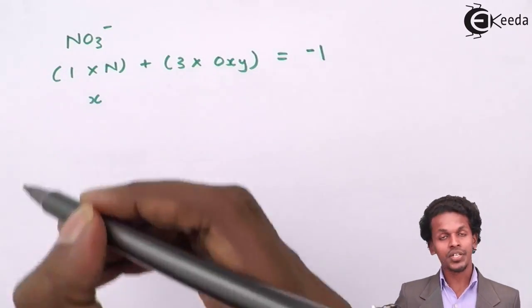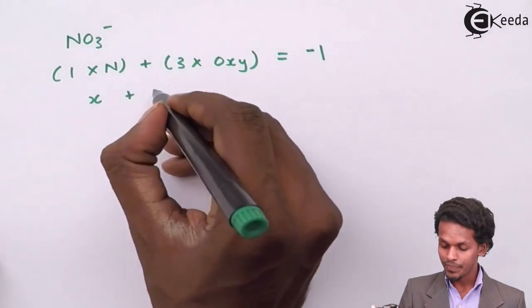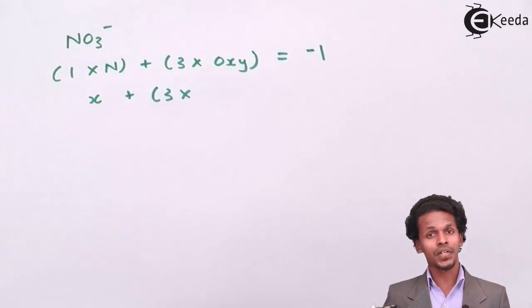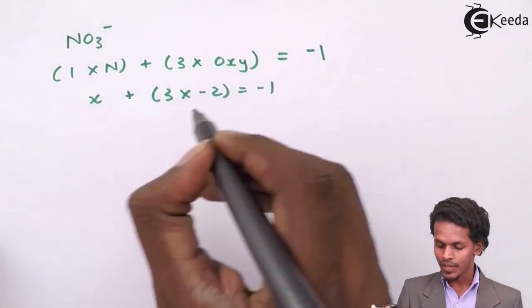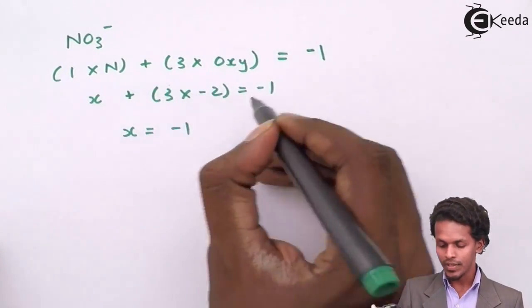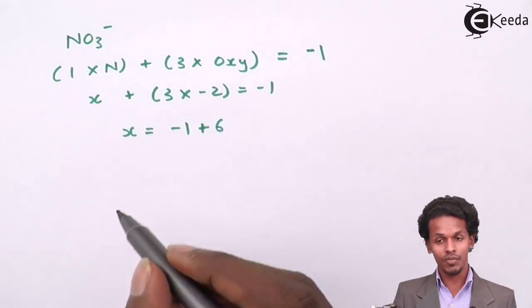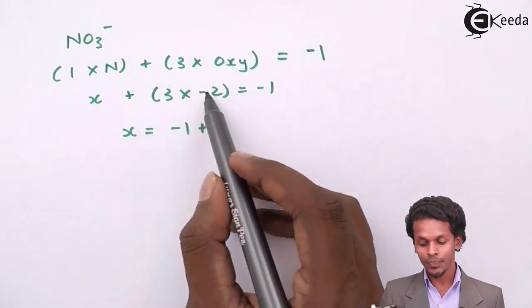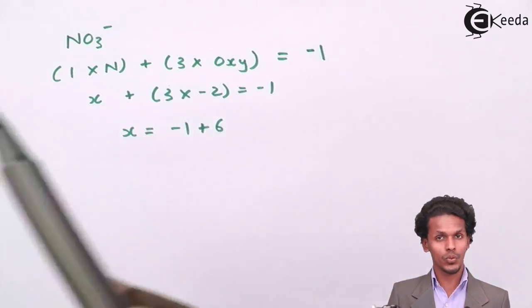I don't know the oxidation number of nitrogen in this case, so I have taken it as X, plus 3 times oxygen, which has an oxidation number of -2. So X - 6 = -1, and -6 becomes +6 when it shifts from left to right hand side.